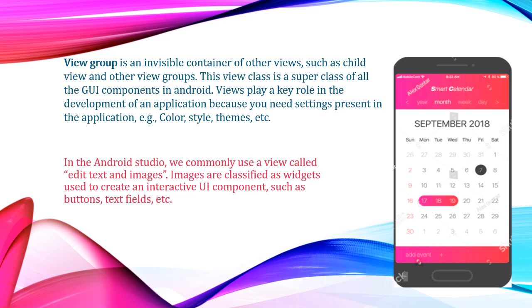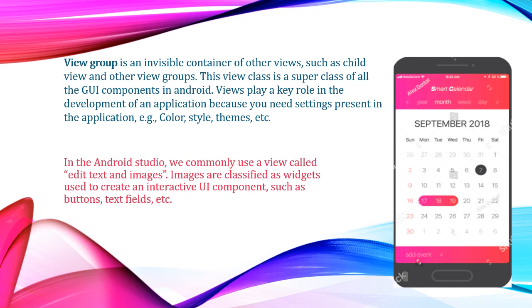View group. Next, the view group is an invisible container of other views, such as child views and other view groups. The View class is a superclass for all the GUI components in Android. Views play a key role in the development of the application because you need settings present in the application, for example color, style, theme, etc. So here you can see the image of the view groups.